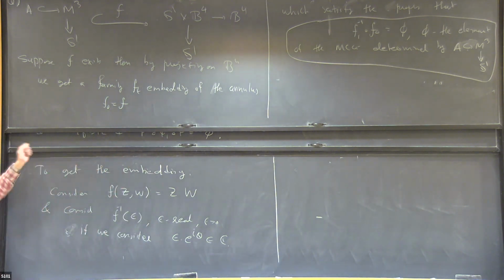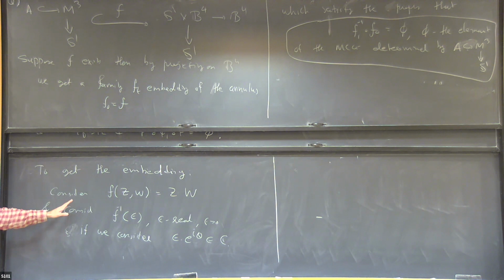You can just write down the coordinates and check parameter-wise. This is the same model that we had in the Lefschetz pencil, that map is F.